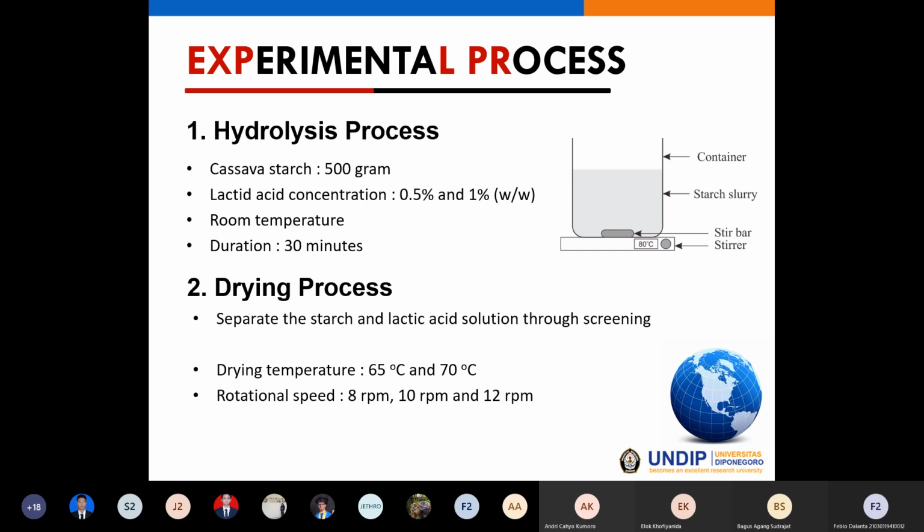This is the picture of the hydrolysis process. And then, before the drying process, we have to separate the starch and lactic acid solution through screening.